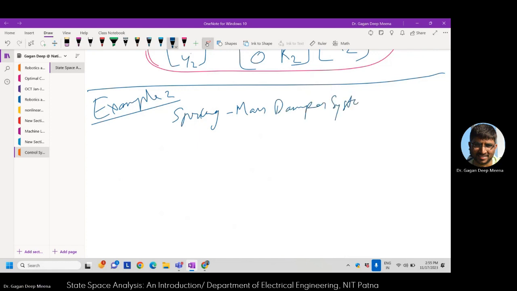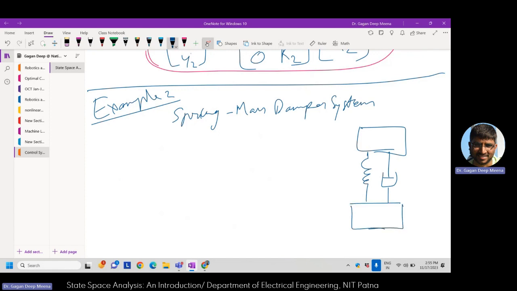The choice of state variables is crucial in these cases, and we have to think mindfully about which will be the state variables.